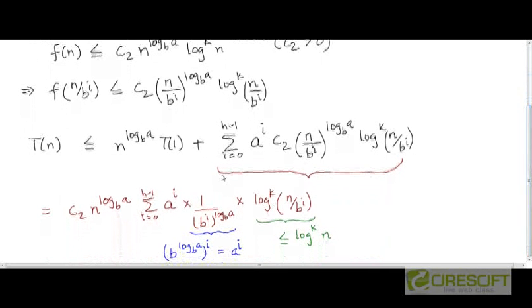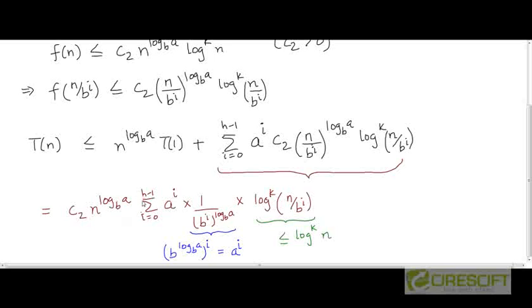Now if we focus on this second expression, we can simplify it by pulling C2 outside the summation and also pulling n to the power log base b of a outside the summation, because both these terms are independent of i. They don't depend on i. So we can pull them out of the summation.